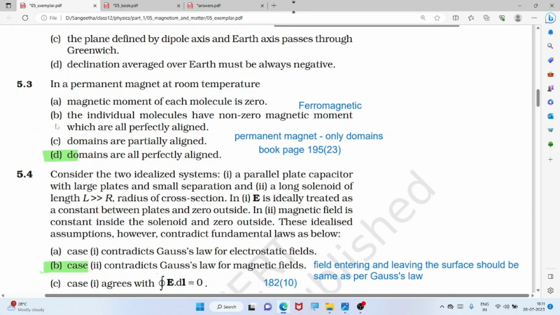In a permanent magnet at room temperature, the domains matter. When you say permanent magnet, only ferromagnetic material will act as a permanent magnet at room temperature.